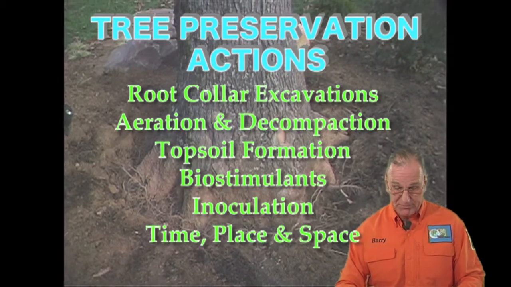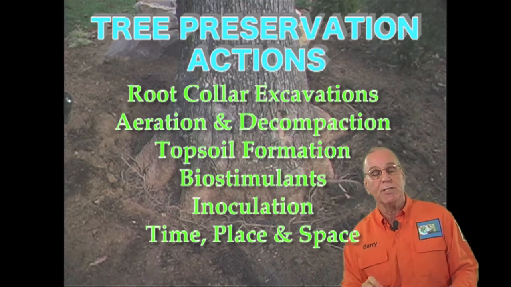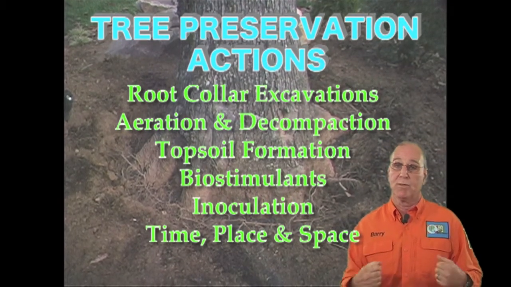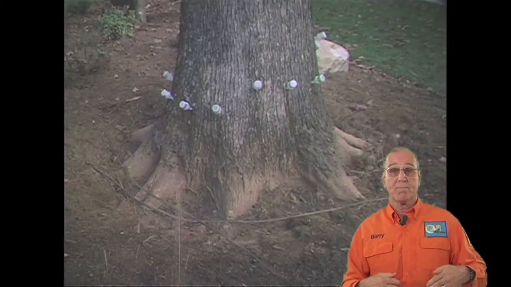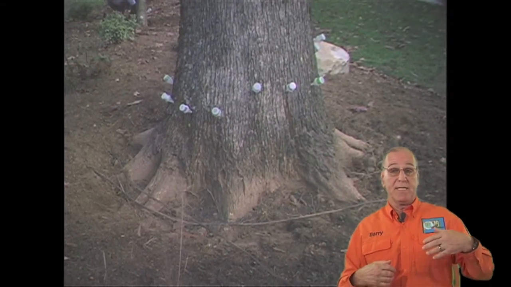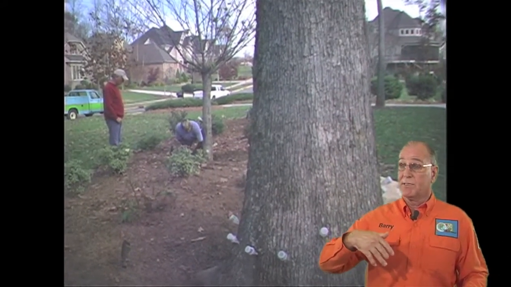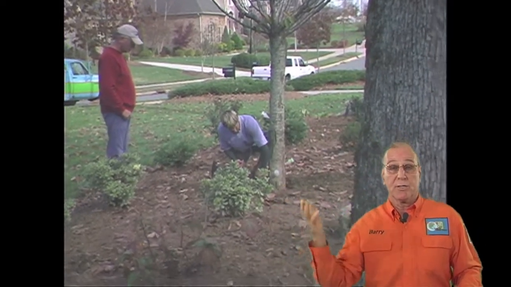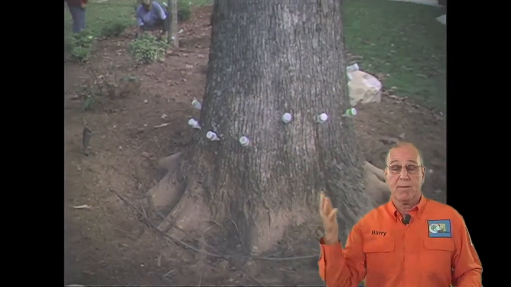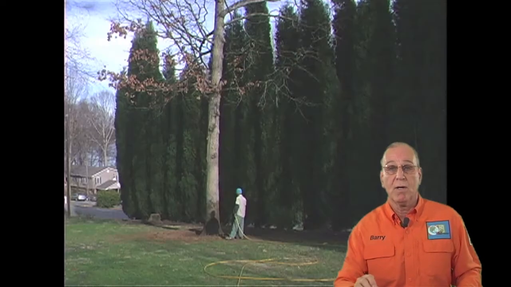To maximize efficiency, these tree protection actions should be used on a preventive basis. Now, we can be reactive, and when somebody calls you out to their Leland cypress and tells you that they're being eaten up with bagworms, or they call you out to their maple trees that they're being eaten up by leafhoppers and the leaves are going away, then you're going to have to take decisive, immediate action, and that usually involves a form of a chemical.